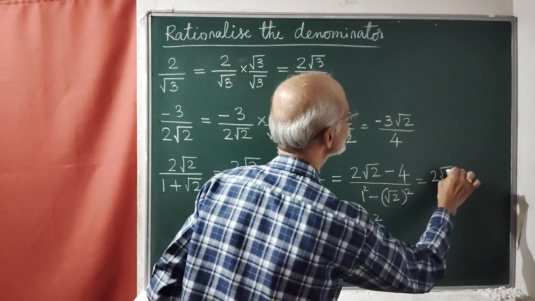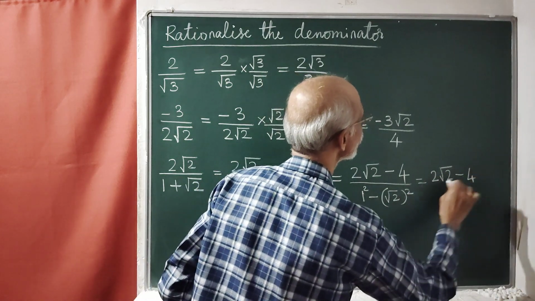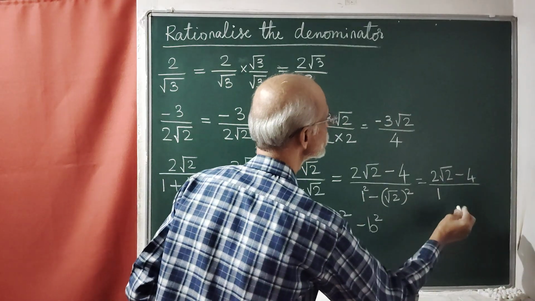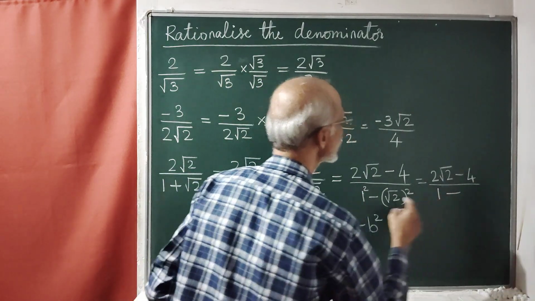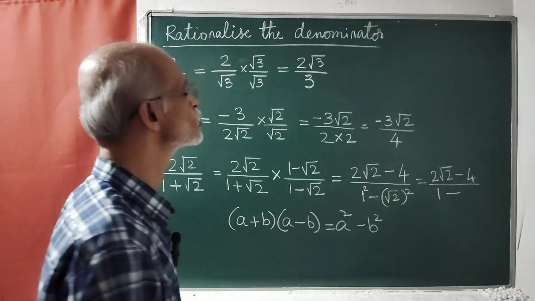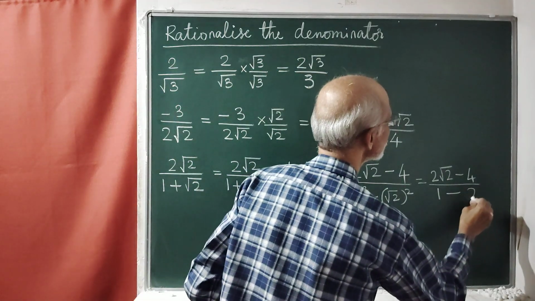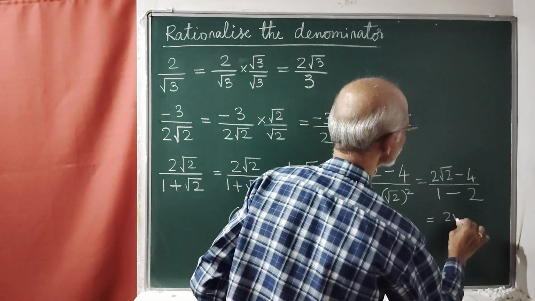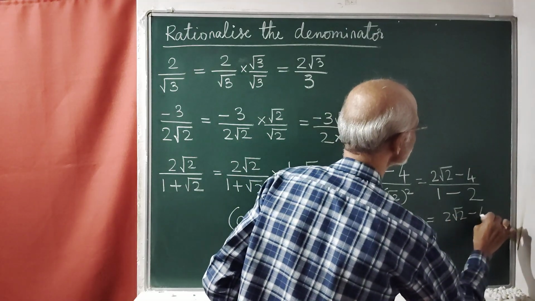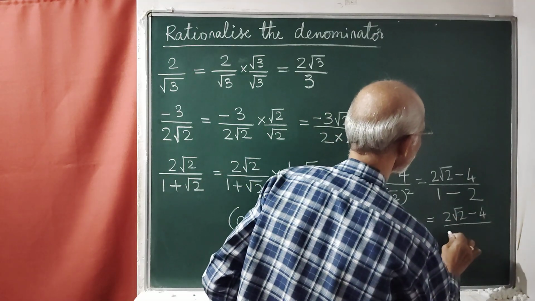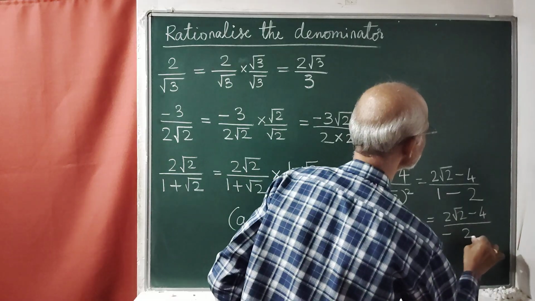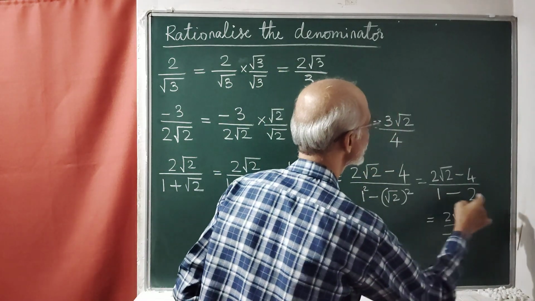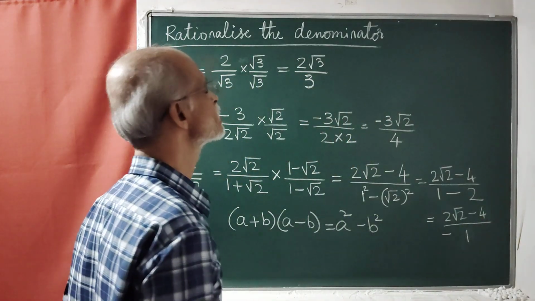2 root 2 minus 4 divided by 1 square is 1. Root 2 square means what? Root 2 into root 2, that is 2. What will we get? We'll get 2 root 2 minus 4 by 1 minus 2, which is minus 1.